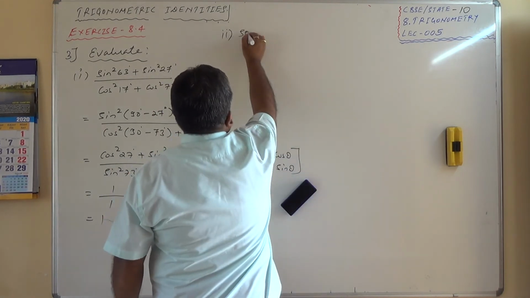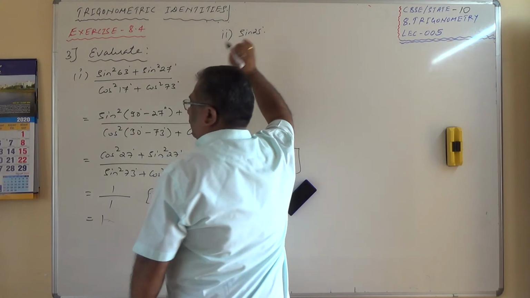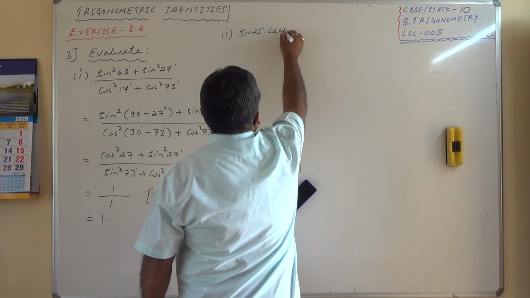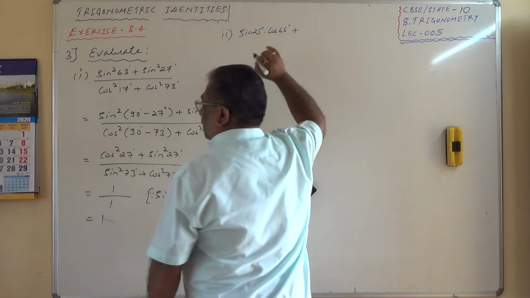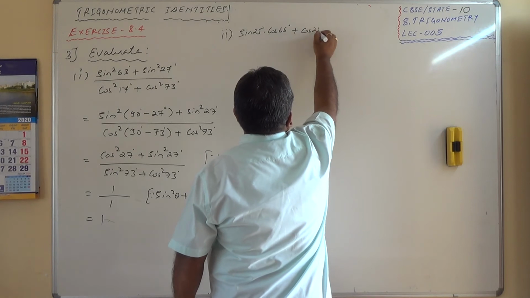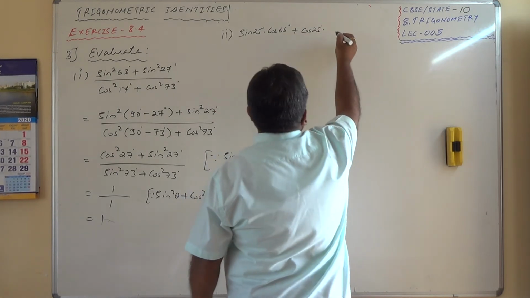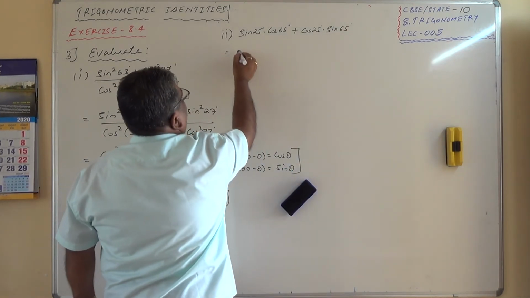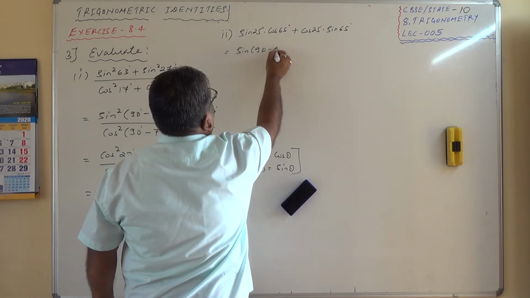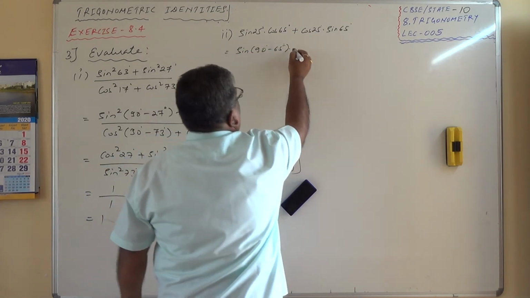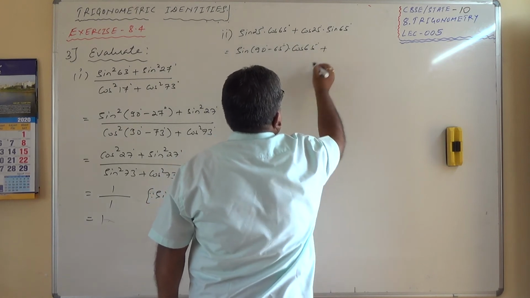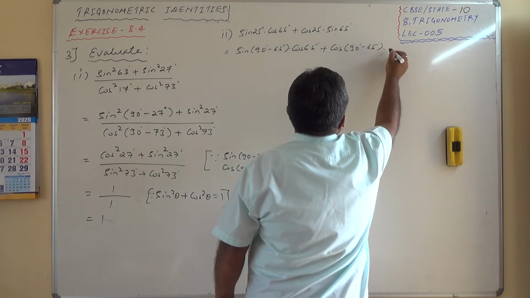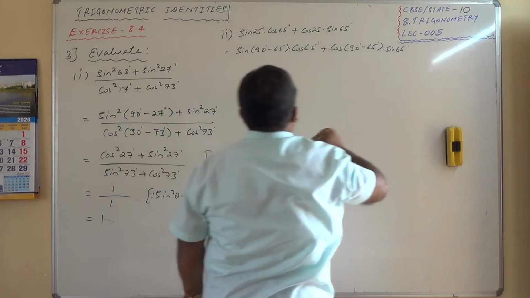Sin 25 into cos 65 plus cos 25 into sin 65, which equals sin of 90 minus 65 into cos of 65 plus cos of 90 minus 65 into sin of 65.